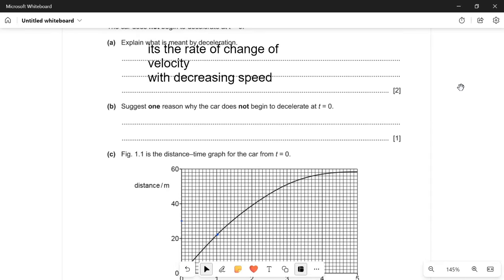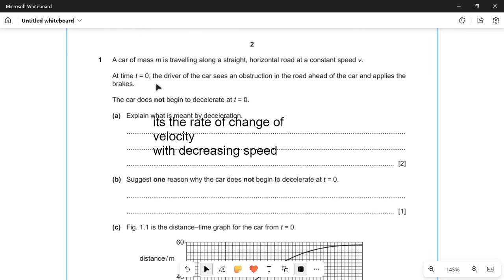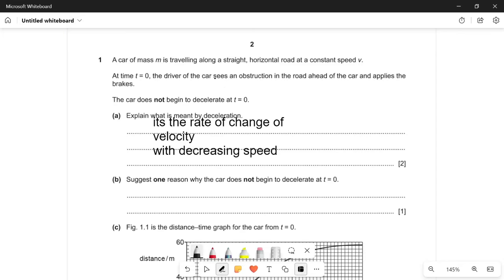The next one asks, suggest one reason why the car does not begin to decelerate at time equals 0. So for that one, at time equals 0, the driver sees an obstruction. So the driver's reaction time might be slow. That means there's going to be a delay between seeing the obstruction and applying the brakes.